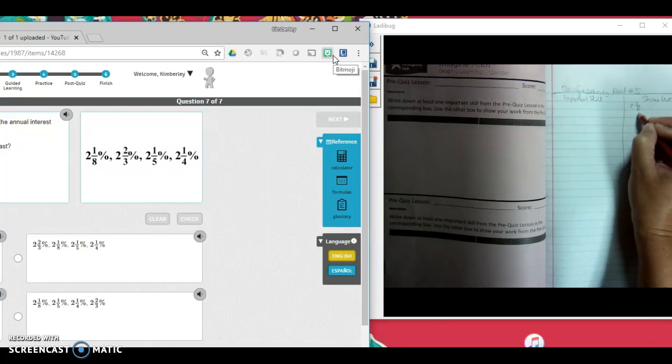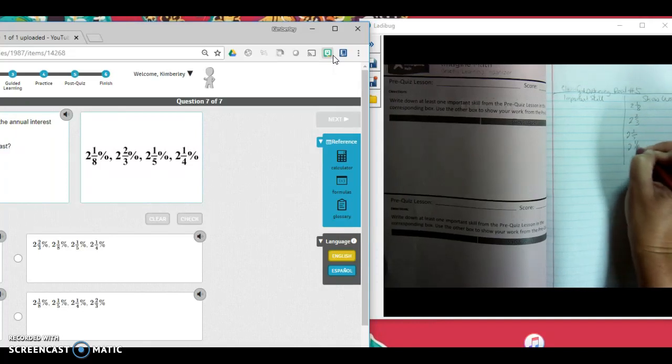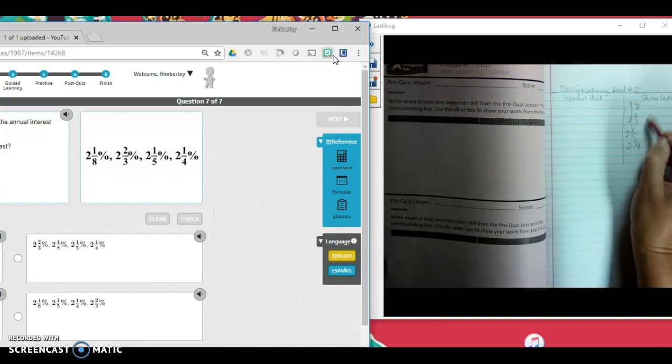2 and 1/8, 2 and 2/3, 2 and 1/5, 2 and 1/4. So all of these whole numbers are the same, so I'm just going to look at my fractions. I know 1/4 is 0.25. I know 1 over 5.